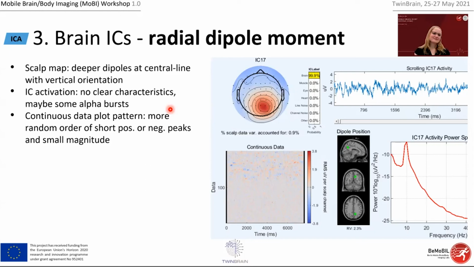So for the continuous data blob pattern, this is actually how it usually looks, at least from my point of view. It's more or less evenly colored.